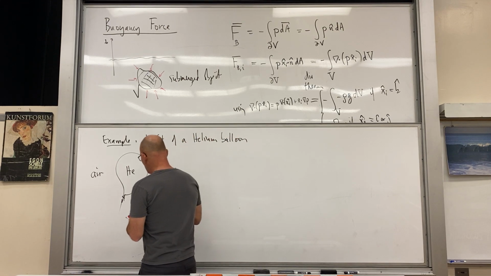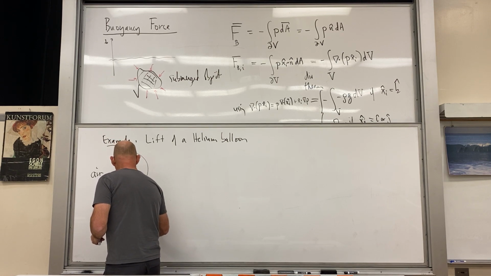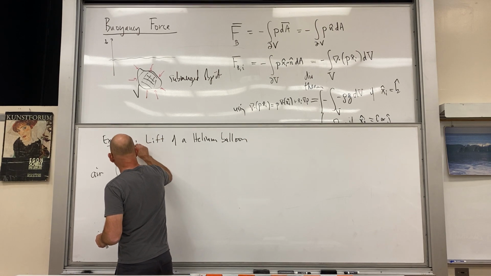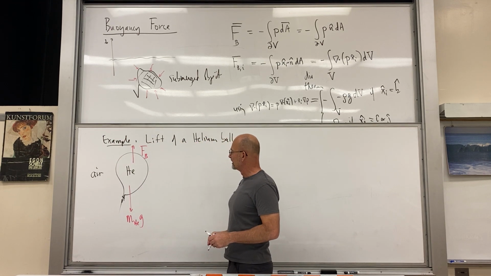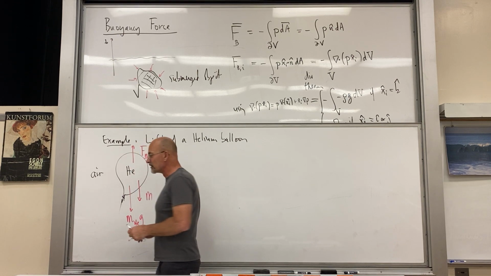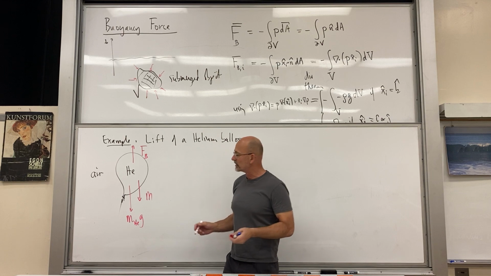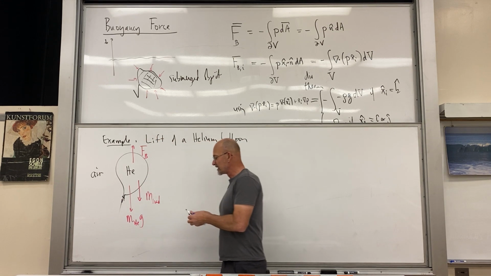So again, we would have mass of helium times G that's enclosed in the balloon. We would have the buoyancy force and mass of everything else, the actual balloon, the payload, etc. I'll just call it the mass of the payload, but that's everything else.